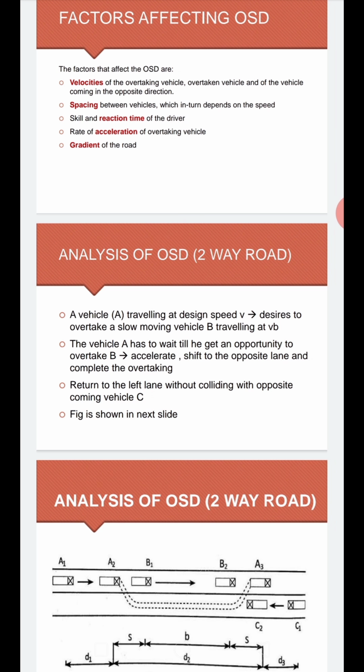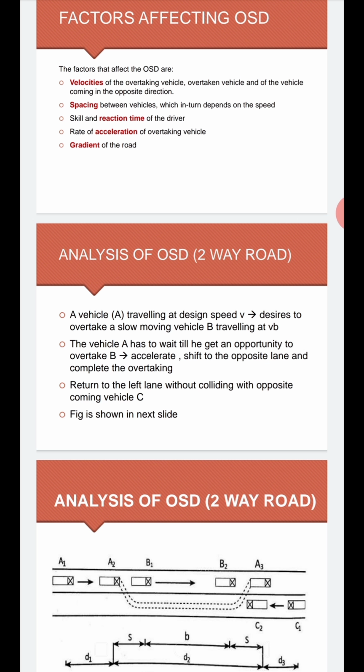Now the factors affecting the OSD: speed or velocities of the overtaken vehicle and the opposite coming vehicle. Next is spacing between the vehicles, which in turn depends on the speed, that is the distance between the overtaking and overtaken vehicle. Next is skill and reaction time of the driver.